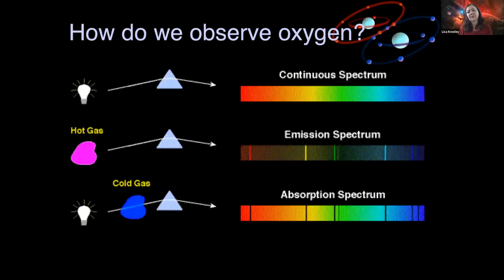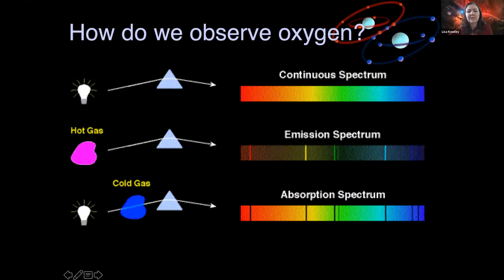And so once oxygen's in the gas, then we're able to observe it through the universe. There's a few different ways we can observe oxygen. The easiest way to do it is to use an emission spectrum, which is the one in the middle here. So we get a hot gas, so the universe is full of hot gas around stars, and we put it through a spectrograph, and it's like putting light through a prism, and it splits the light into its different colors.